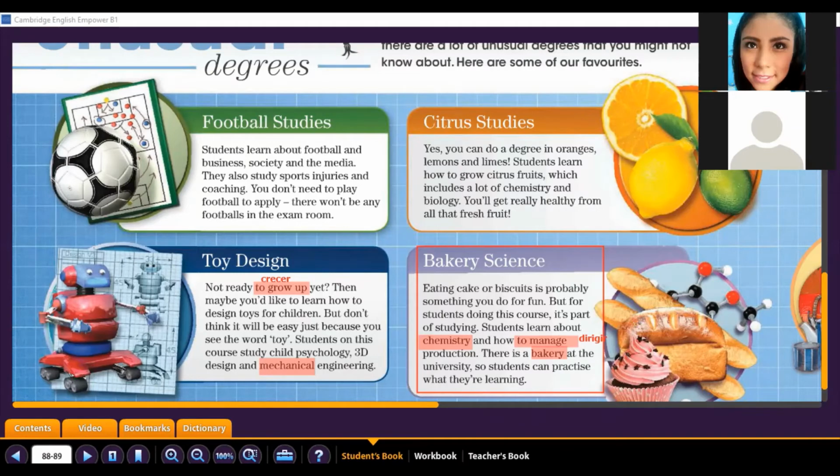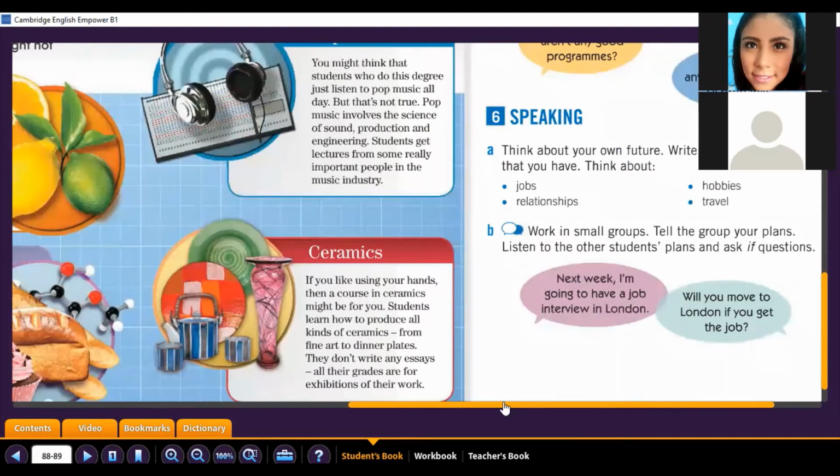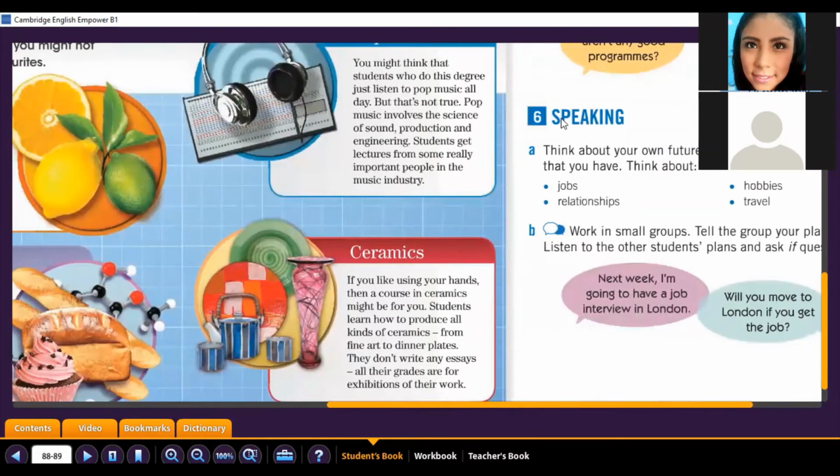Okay. Let's see the last two unusual careers. Vamos a las dos últimas carreras extrañas, ¿no? Help me reading these ceramics career, please, Carolina. Help me with ceramics. Ceramics.